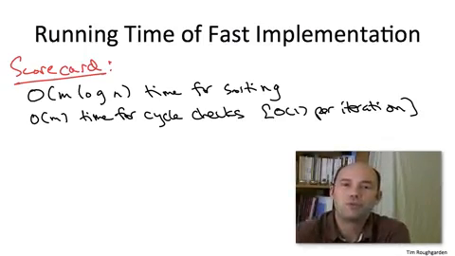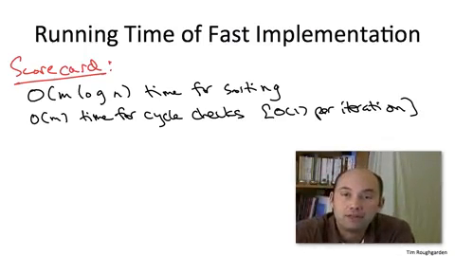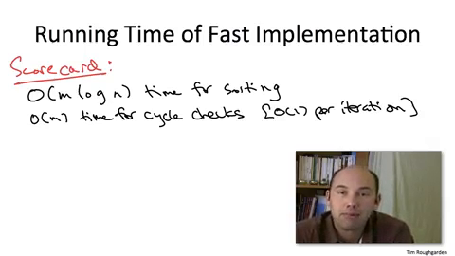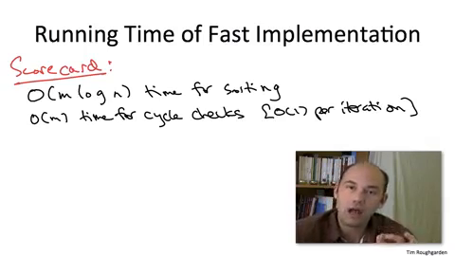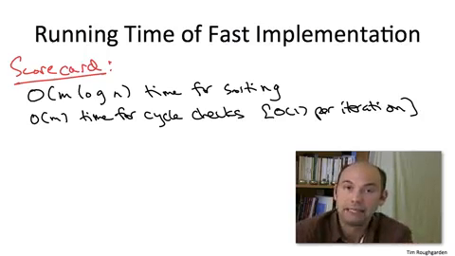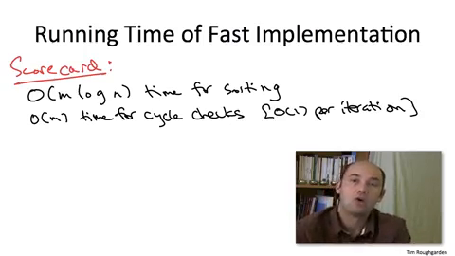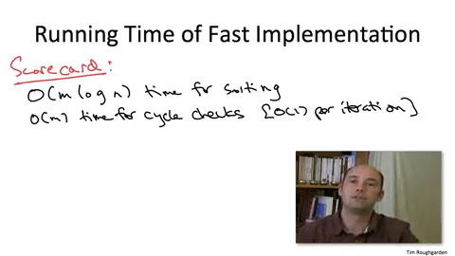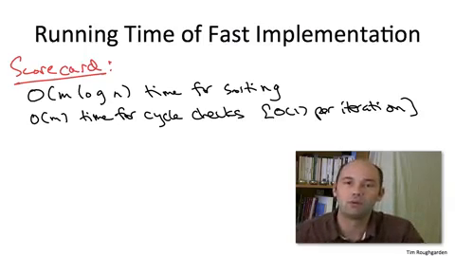But the final source of work is maintaining this union-find data structure, restoring the invariant each time we add a new edge to the set capital T. And here the good idea is we're not going to just bound the worst case running time of these leader pointer updates for each iteration, because that could be too expensive. That could be up to linear in just a single iteration. Rather, we're going to do a global analysis, thinking about the total number of leader pointer updates that ever occur.